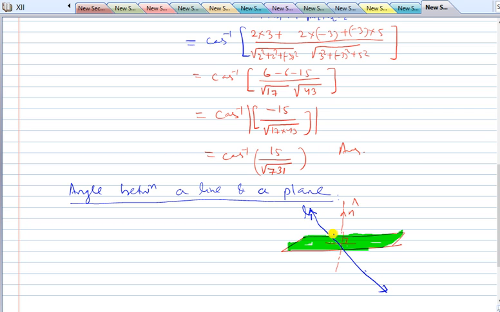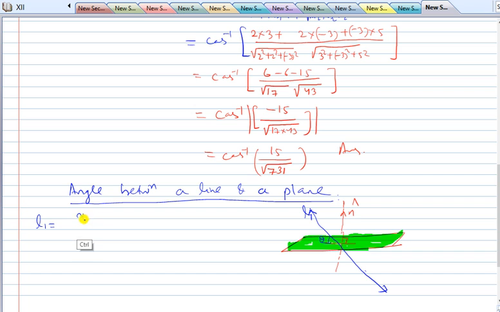Suppose this straight line is L1. Clear? Now if I take the angle between the plane and the straight line to be theta.